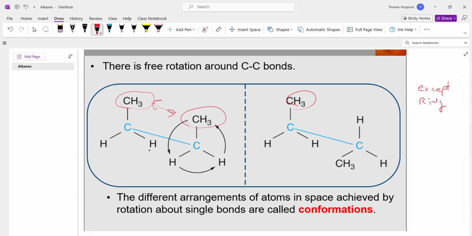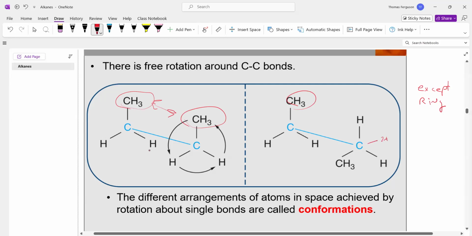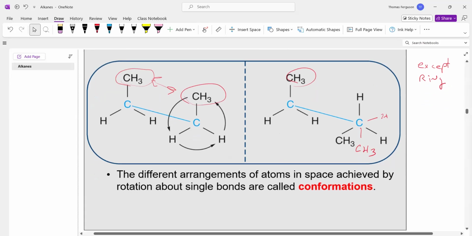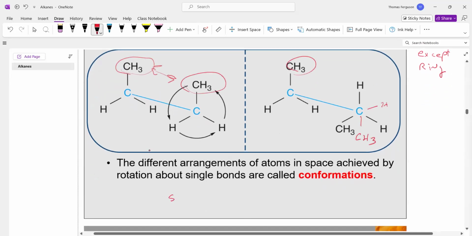If we redrew this, so the H is there, and the CH3 is down here, that would be the most stable version of the free rotation. And this is called steric hindrance.